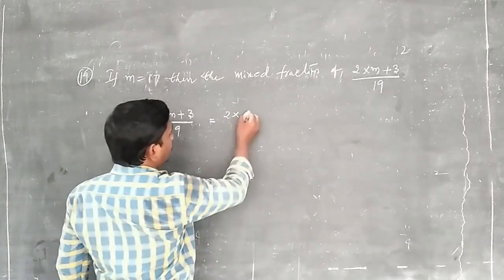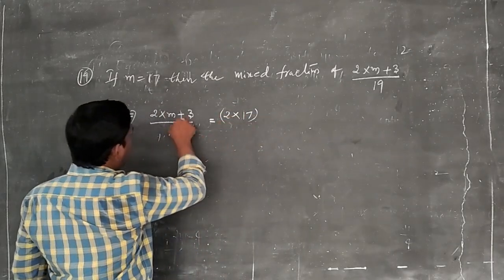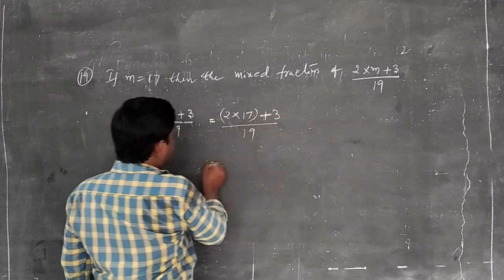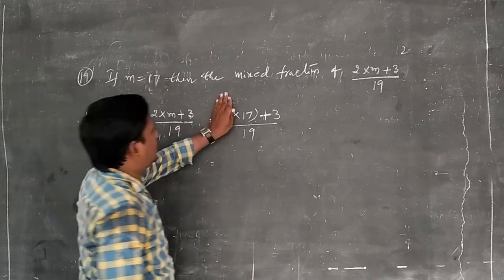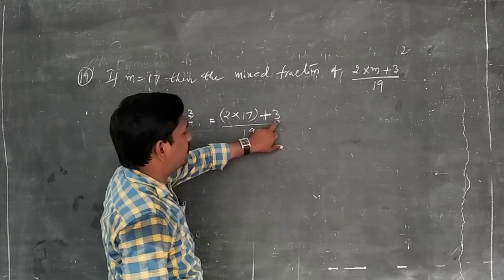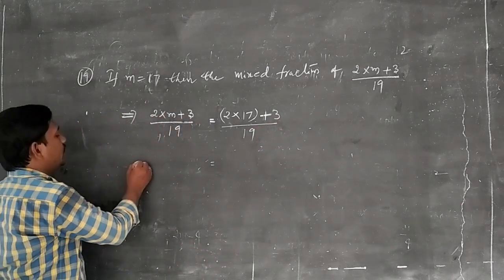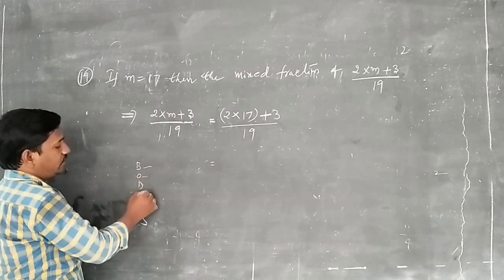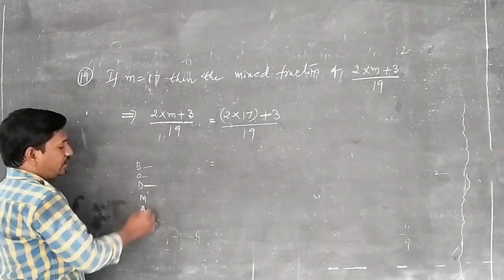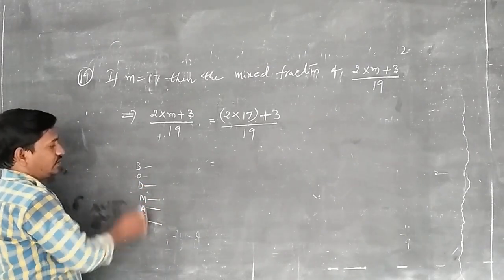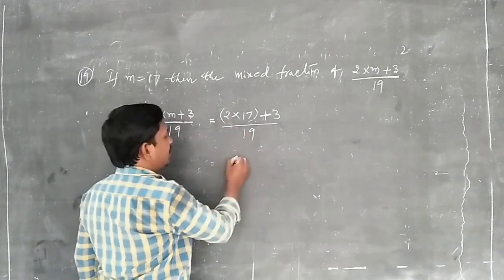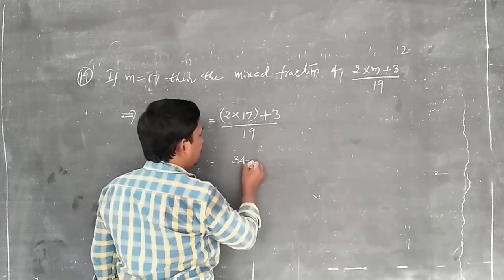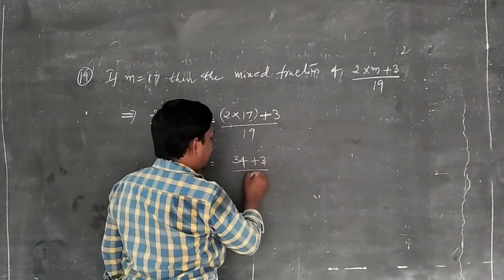Okay, 2 into 17 in brackets plus 3 by 9. So we have to use BODMAS rules, not 2 into 17 plus 3. BODMAS means brackets, of, divide, multiplication, addition, subtraction. So 2 into 17 is 34, plus 3 by 9.